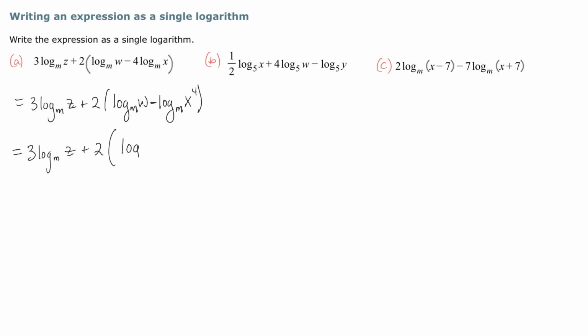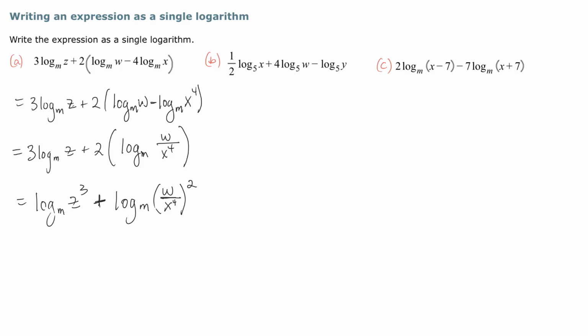This is going to be log of what? Base m, w over x to the 4th. All right. Now we're ready to do a little bit more. Log base m z to the 3rd power plus log base m w over x to the 4th raised to the 2nd power.